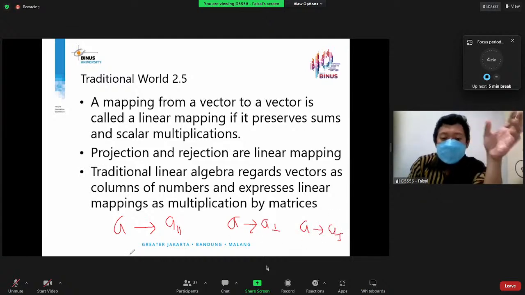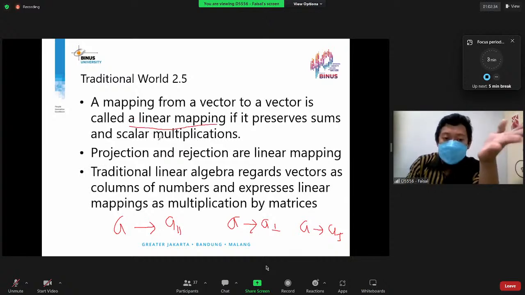So these three transformations are a mapping from one vector to a vector, and all three of these mappings have the properties of a linear mapping.